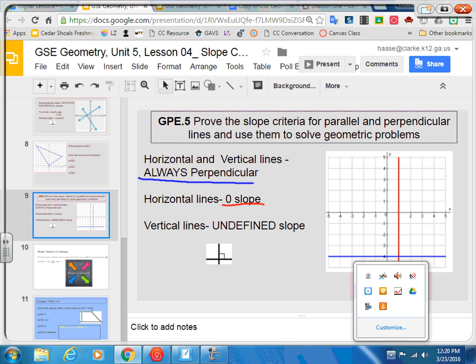If the ground is flat, is there any slope? No. Horizontal lines have 0 slope. Now, if you go skiing down a vertical line, that's not called skiing, that's called falling. You can't. So the slope is called undefined. You can't ski down a straight line or ski up a straight line.